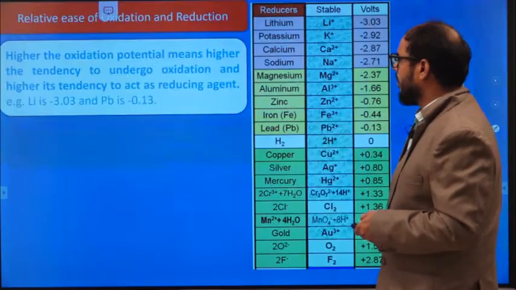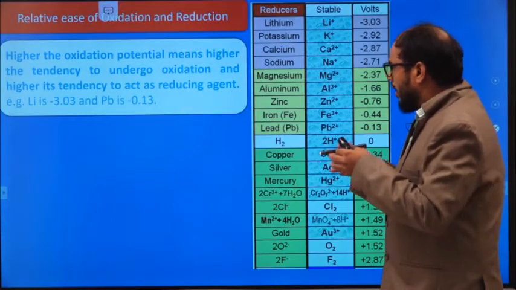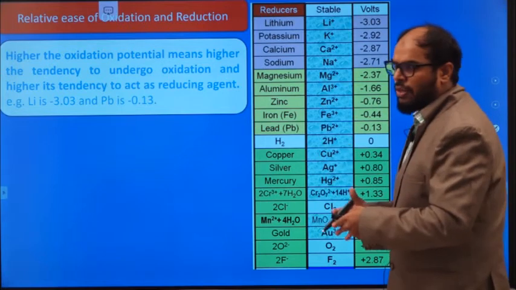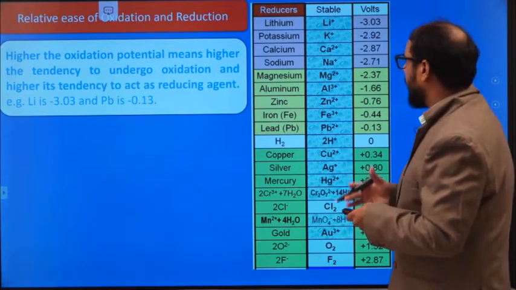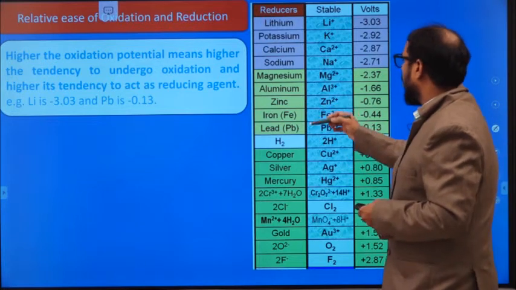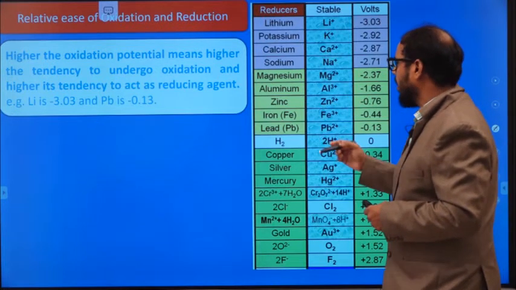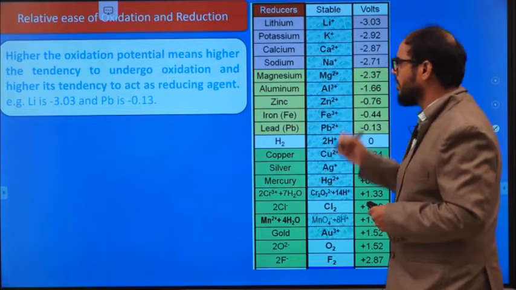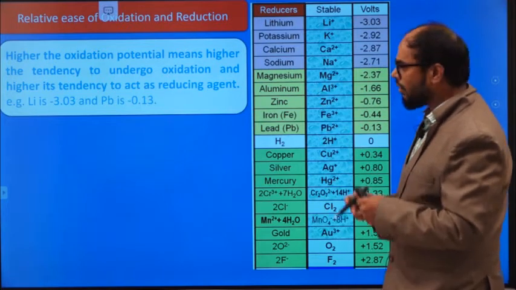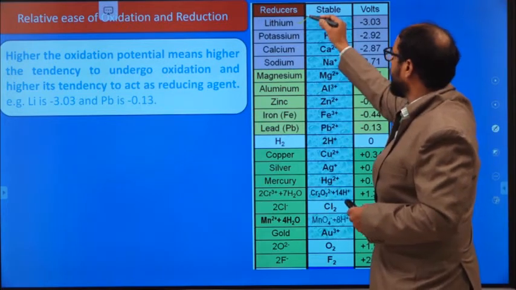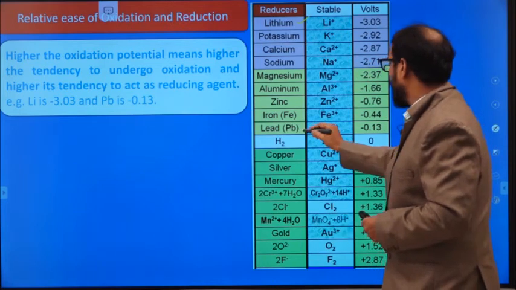Let us go to the next one. This electrochemical series helps us to calculate which element has more tendency to undergo oxidation and which metal has more tendency to undergo reduction. Let us take two elements, lithium and Pb, that is lead.